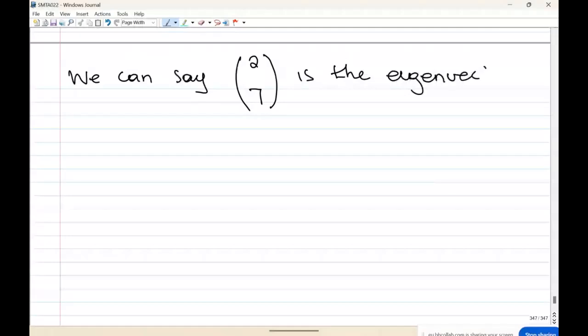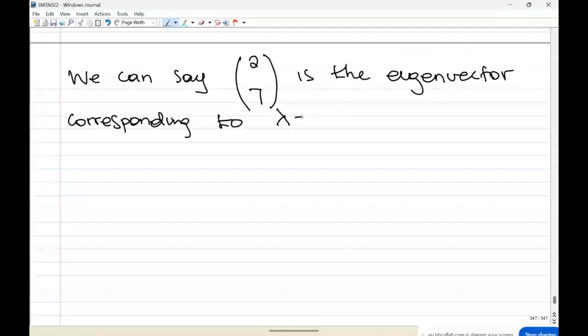Do you understand? Since you said lambda multiplied by vector x, then now you are saying it is an eigenvector corresponding to lambda equals this 2. Do you see it?